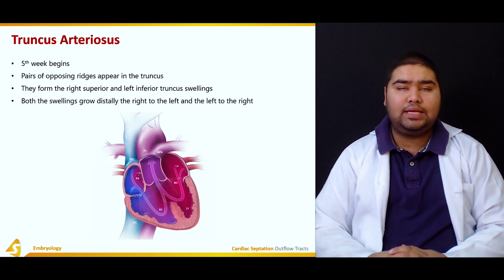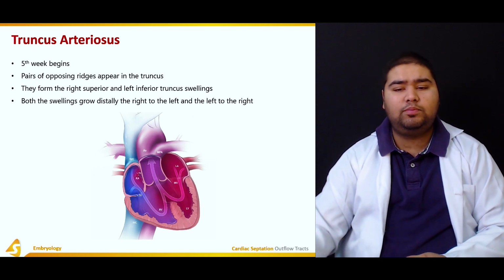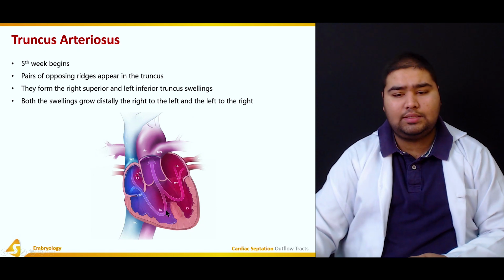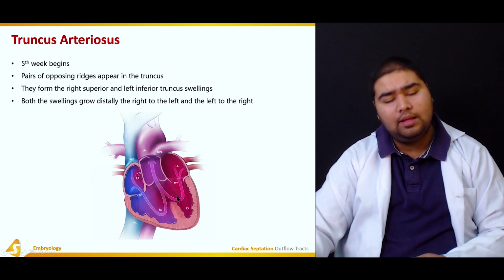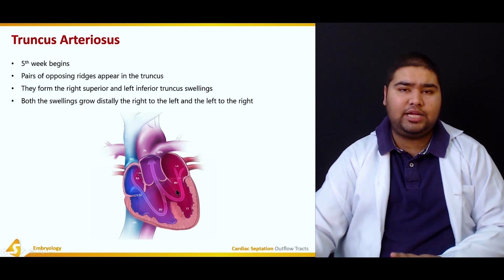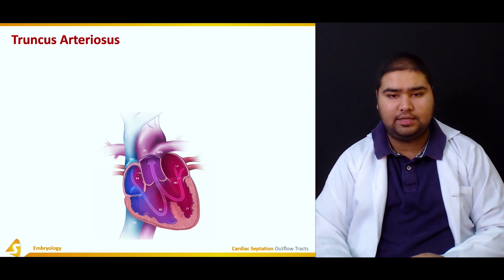Both of these swellings grow distally. Since both of them originate in this region, they grow distally. However, the right swelling goes to the left and the left swelling goes to the right.